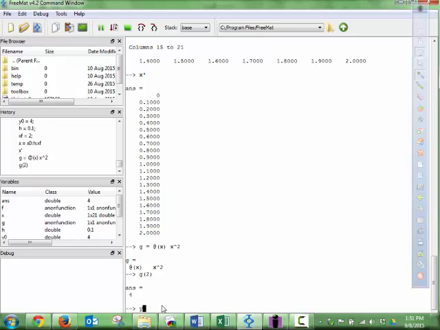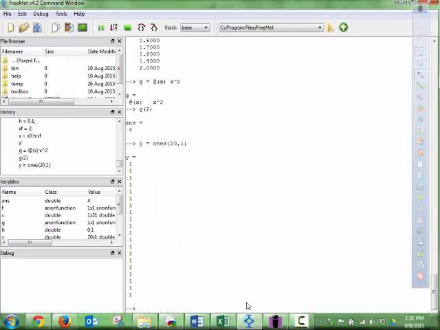So y is equal to, I just put a whole bunch of ones in there. I guess it didn't matter what I put in there. So y is now a list of ones, and I'm going to start defining.